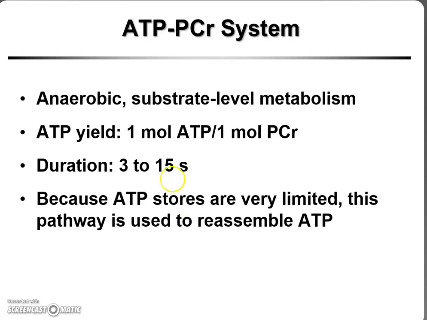It could last for a duration of maybe 3 to 15 seconds. You may see 3 to 5 published, up to 10, 12 to 15, but really you enhance this by building up your phosphocreatine storage, either through natural dietary consumption or even the supplement of creatine.